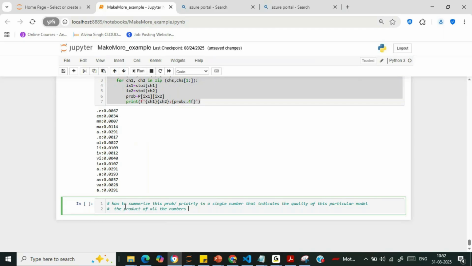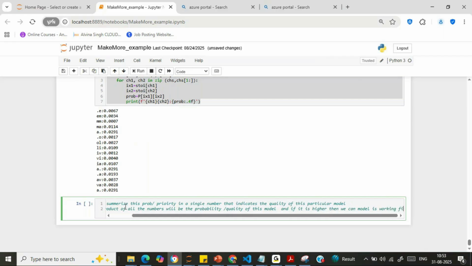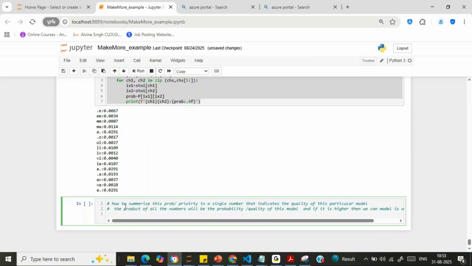The product of all the numbers will be the probability or quality of this model, and if it is higher, then we can say the model is working fine.